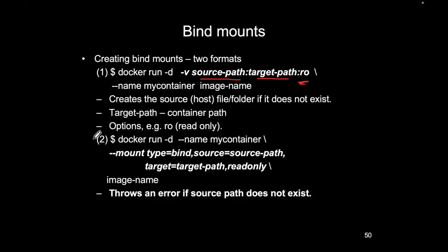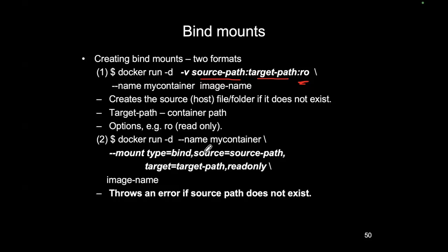Here's another way of creating a bind mount. It's the --mount option on the docker run command. You set the type to bind, which tells the Docker daemon that we're creating a bind mount.